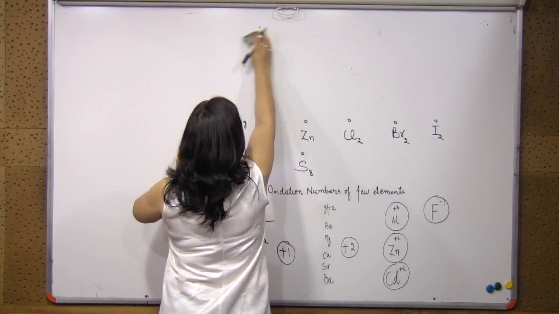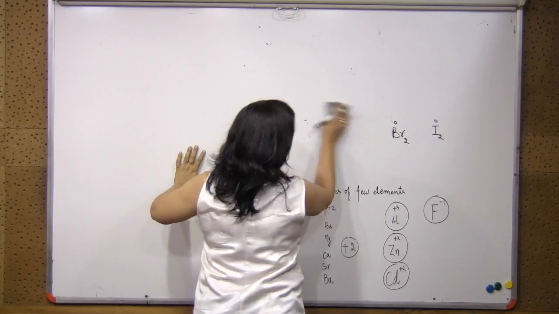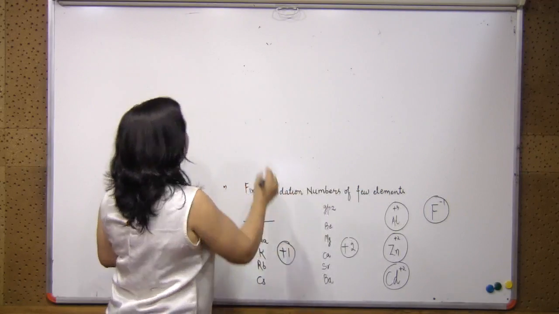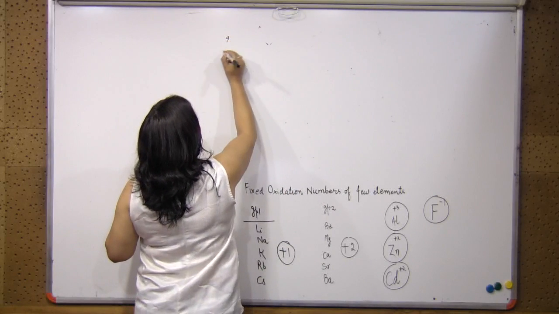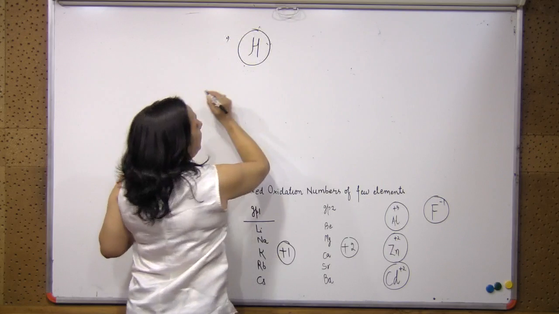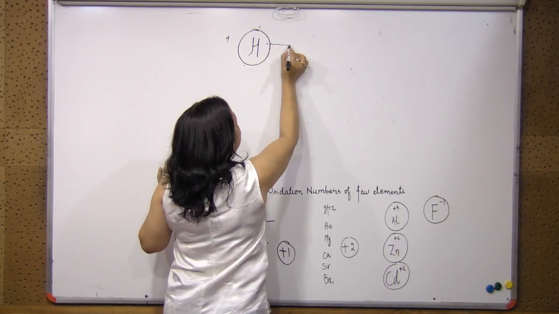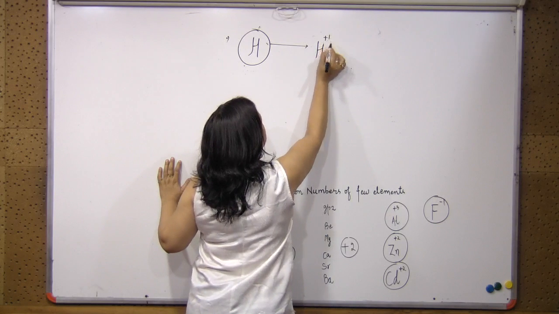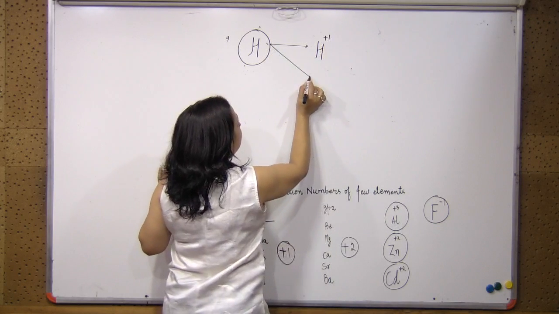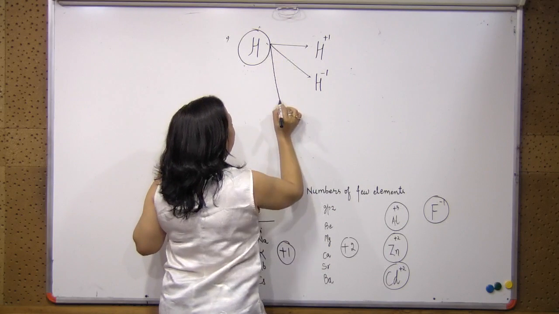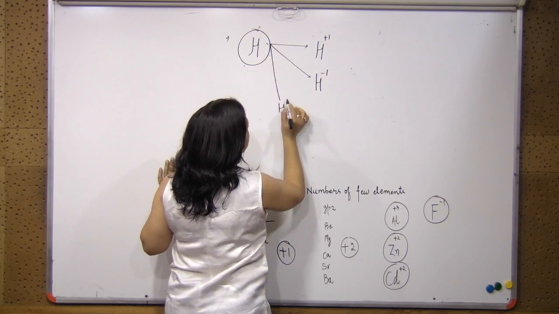Next point. After knowing fixed oxidation number, we must know hydrogen. Hydrogen is an element which can show H plus 1, H minus 1, and if it is H2, then it is 0.